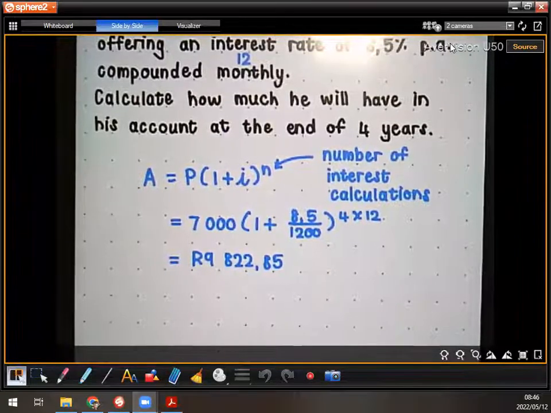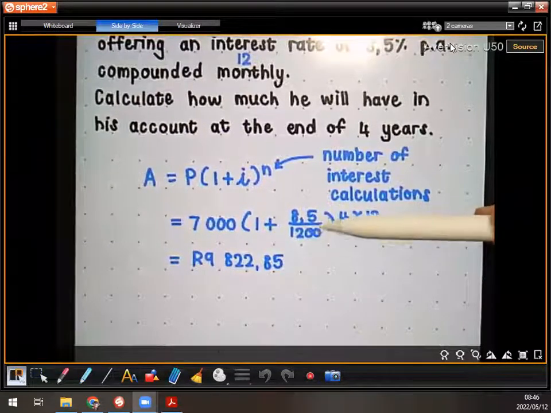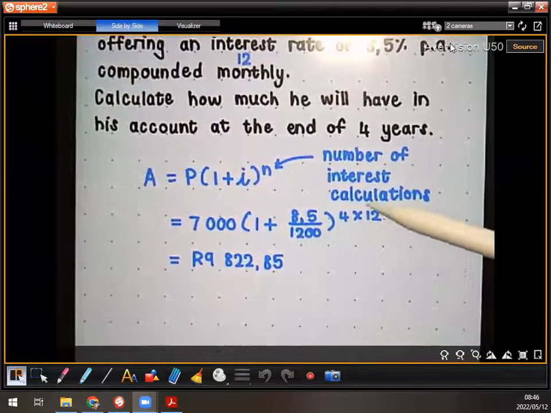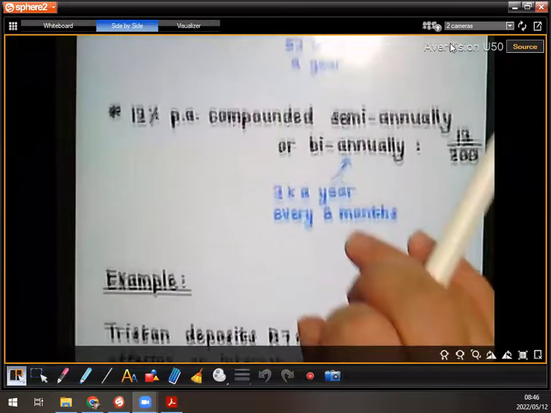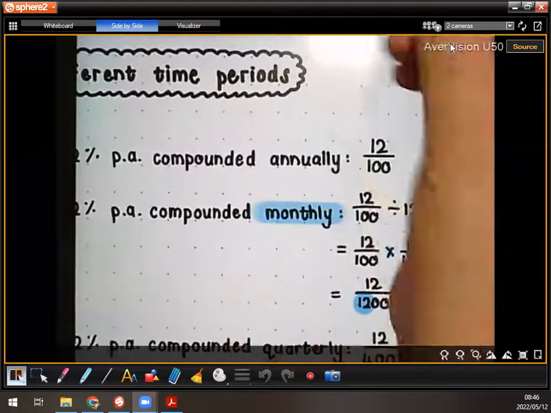And that's basically it, guys. That's all that happens when you have a different time period. The denominator of your i, your interest rate, is going to change, and your n is also going to change. So I want us to go back up to the heading quickly and make a note there on the side.